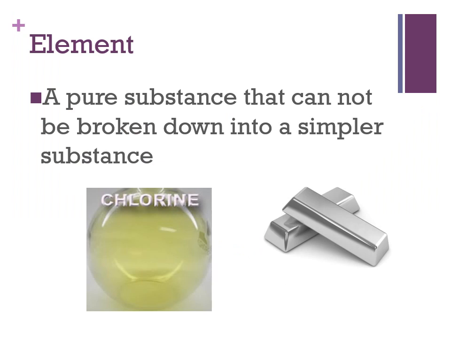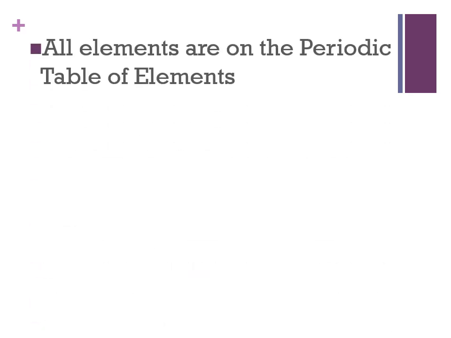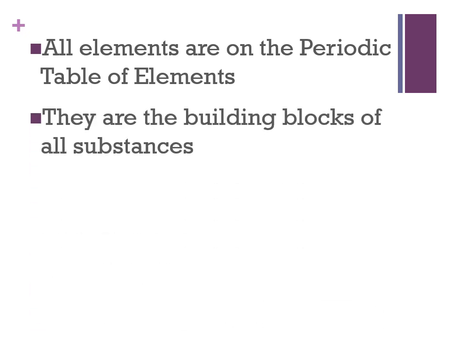When we talk about an element, we're referring to a pure substance that cannot be broken down into a simpler substance. If it's an element, then we know it's also going to be found on the periodic table of elements. Two examples would be chlorine or silver. When we look on the periodic table, you'll notice that they're all listed. There's a symbol, they have a name, right?